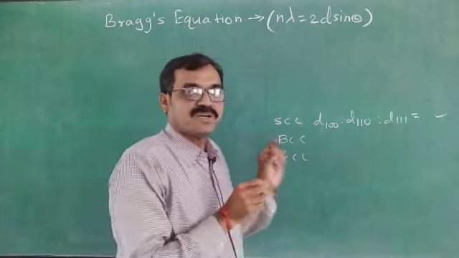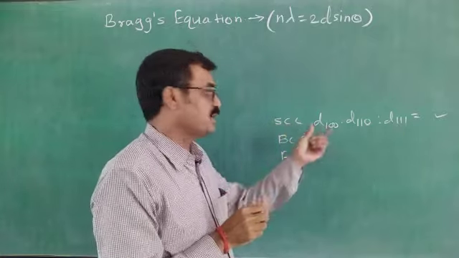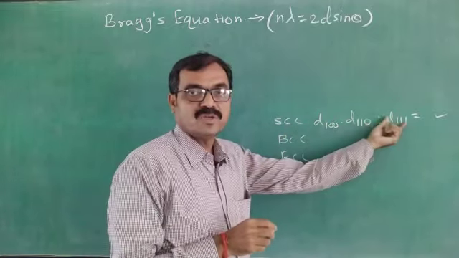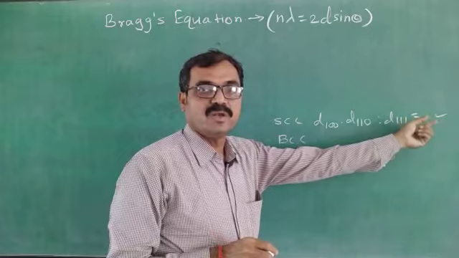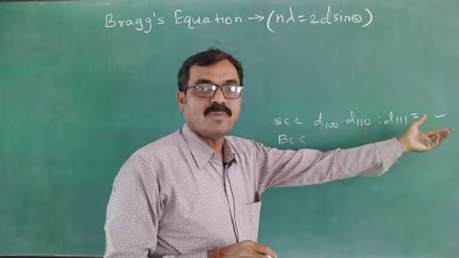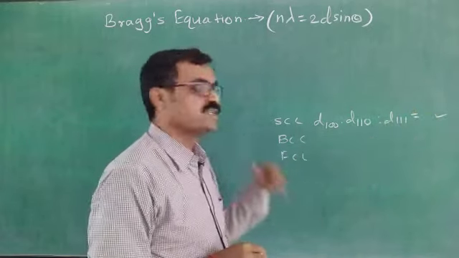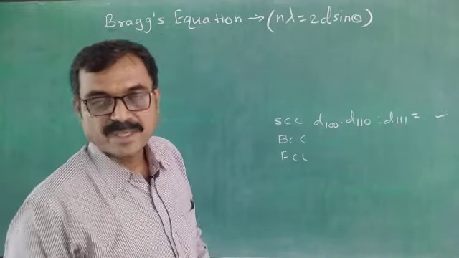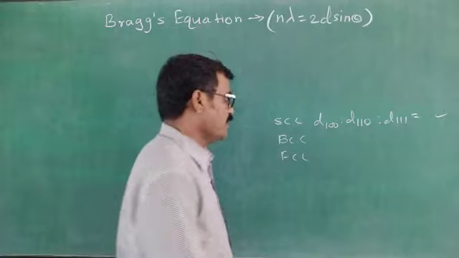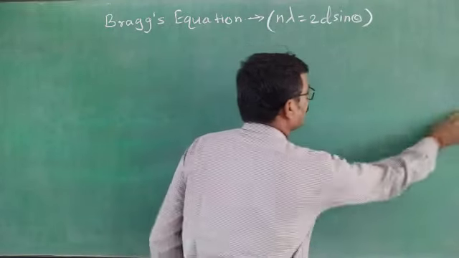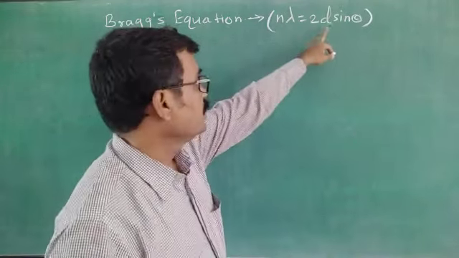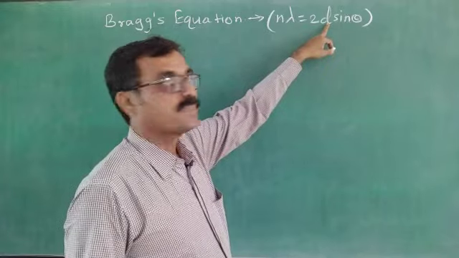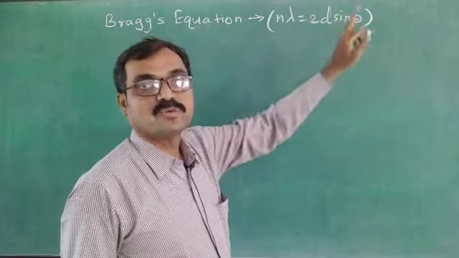Means if we have a crystal and from that crystal you know these three values, from these three values you are able to know its ratio, and from this ratio it is clear whether the crystal type is SCC, BCC or FCC. This we have seen. Now from this equation you may calculate d. d equals n lambda upon 2 sin theta.